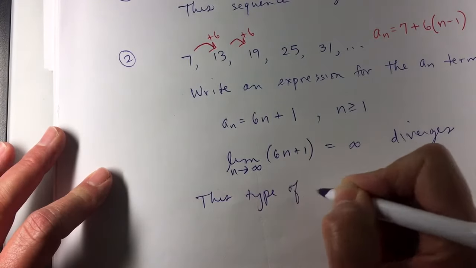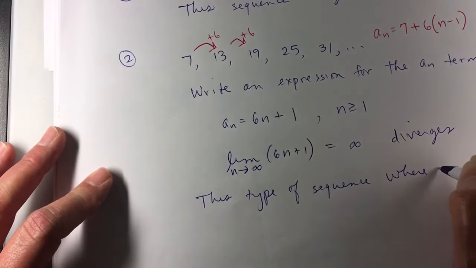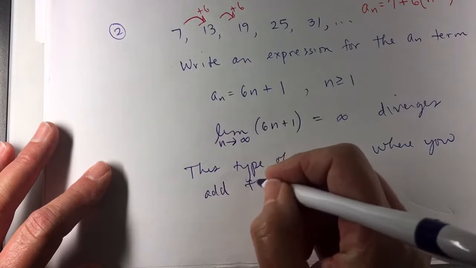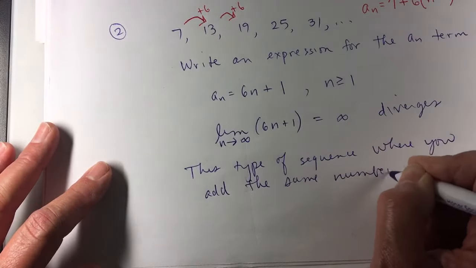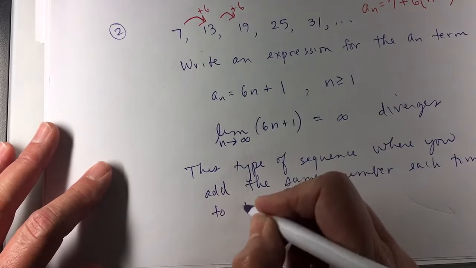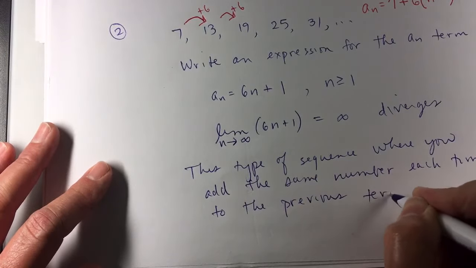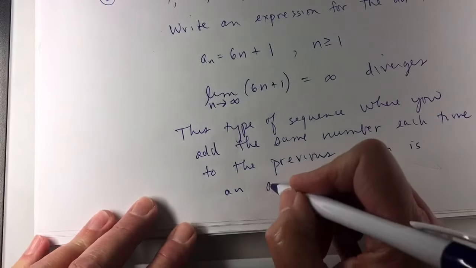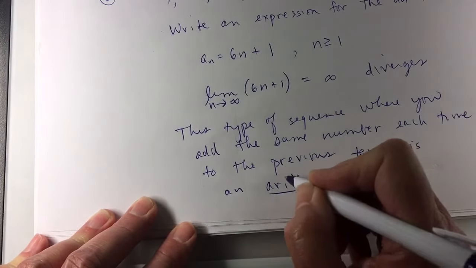This type of sequence where you add the same number each time to the previous term is an arithmetic sequence.